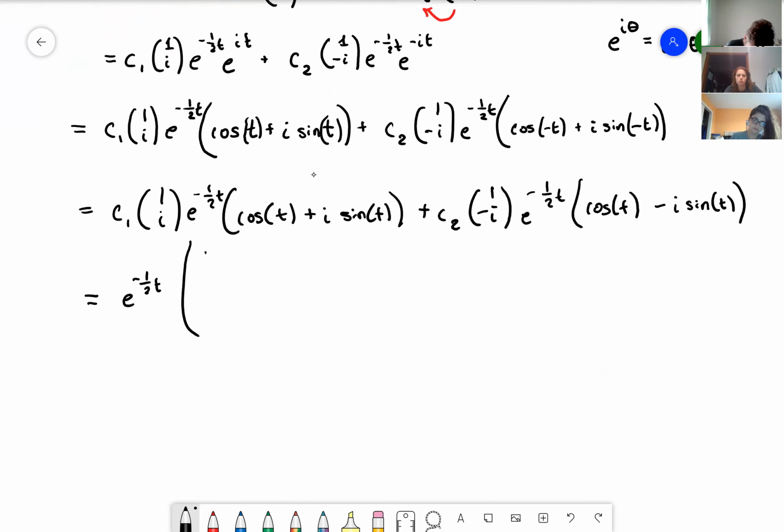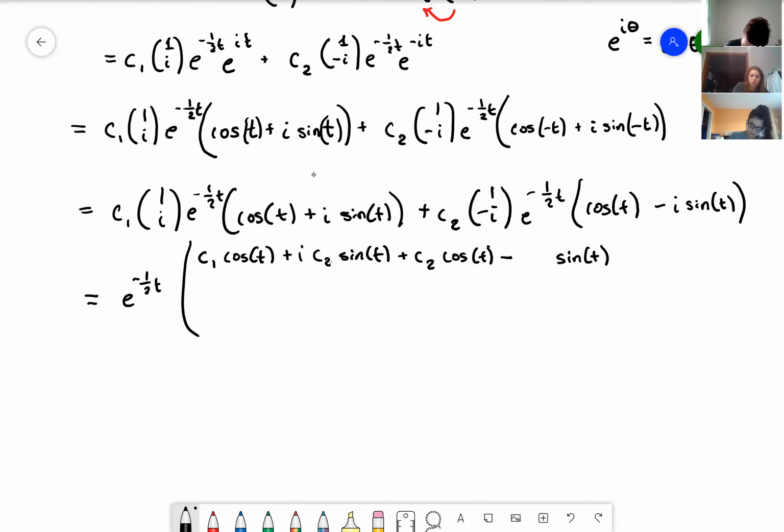So I'm going to have c1 cosine of t plus c1 I sine of t plus c2 cosine of t minus c2 I sine of t. And for the sake of my sanity, I'm going to move the I out in front.